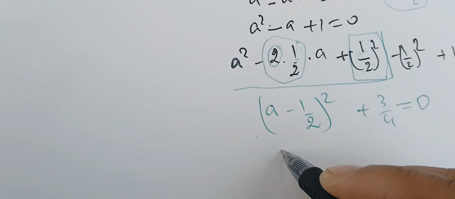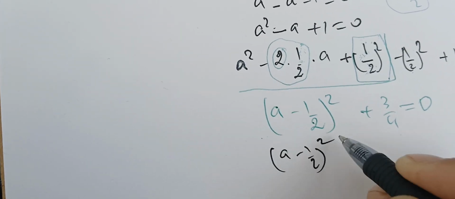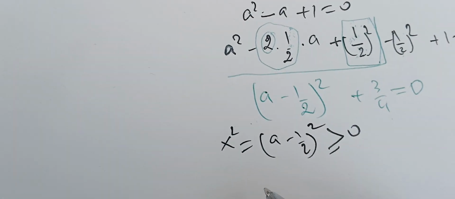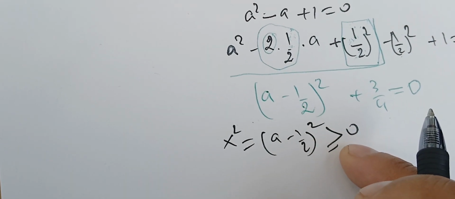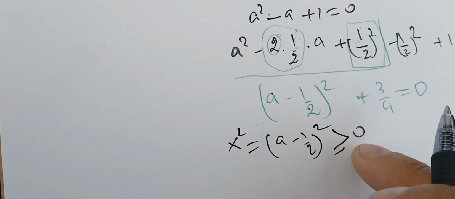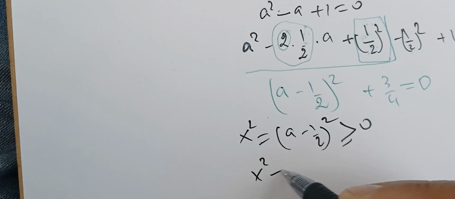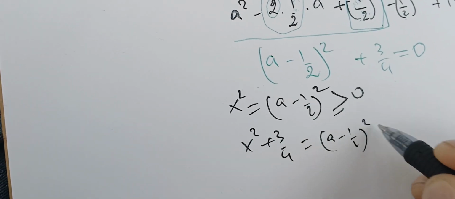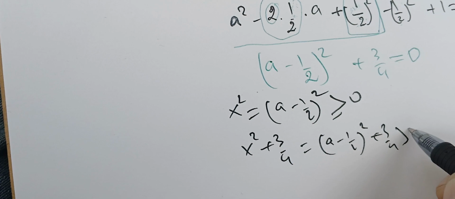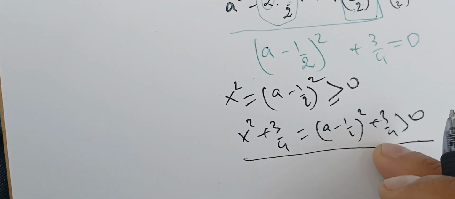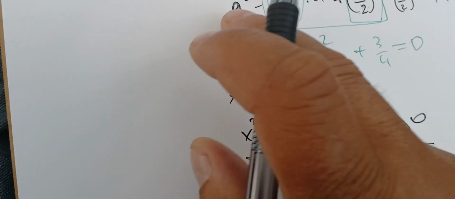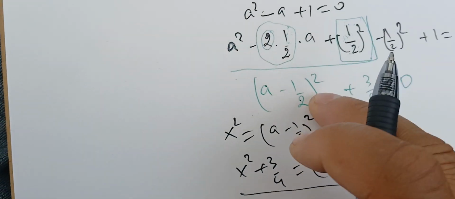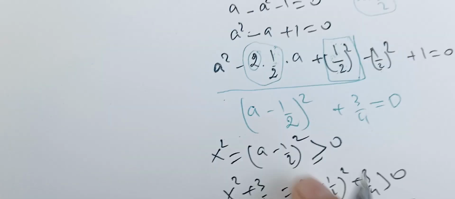So a minus 1/2 squared, call it X squared, is always bigger than or equal to 0. And when we add 3 over 4, so X squared plus 3 over 4, which is a minus 1/2 squared plus 3 over 4, it's bigger than 0. So that means this can never be 0, and therefore there is no a that can satisfy this equation. And if we can't find an a, that means we can't find b.